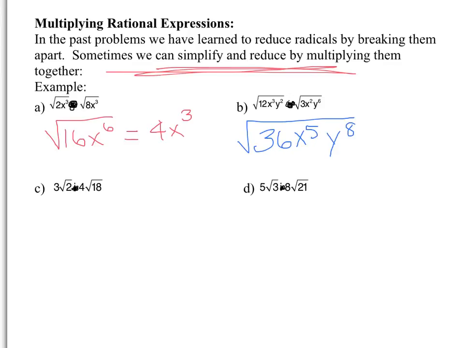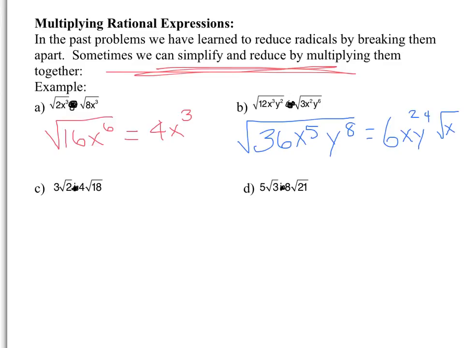The square root of 36 is 6. The square root of x to the 5th is x to the 4th times x, so x squared comes out, and there's an x left in the root. For y to the 8th, we divide 8 by 2 and get y to the 4th, which comes outside of the radical. So 6x squared, y to the 4th, root x.